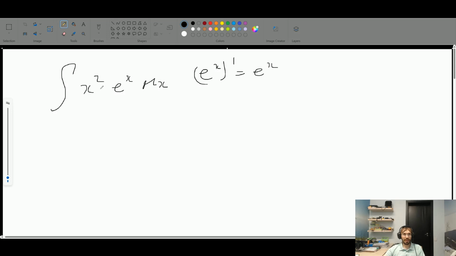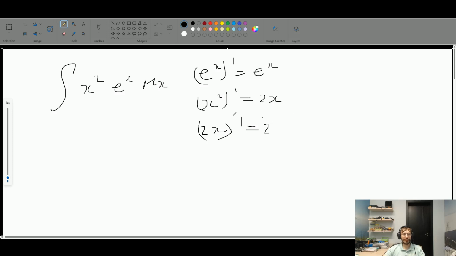But what about x squared? (x squared)' becomes 2x. Although it has not helped us much yet, it has a reduced power. And if we differentiate it again, (2x)' gives us 2, which will allow us to get rid of x. So that's exactly how we are going to deal with this question.